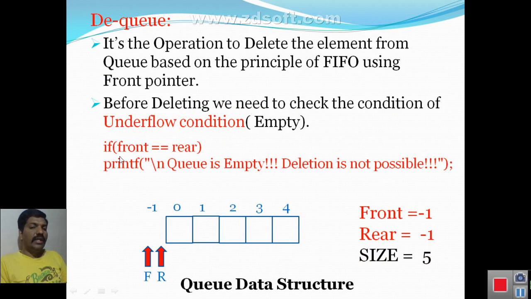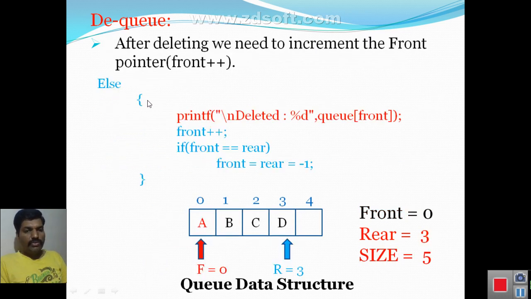So automatically the else body is going to execute this one: printf delete colon percentage d, q of front. Okay, so it is going to print this particular A to the output. You can see the output after executing the first line: delete colon A.